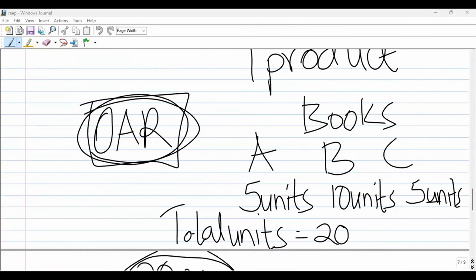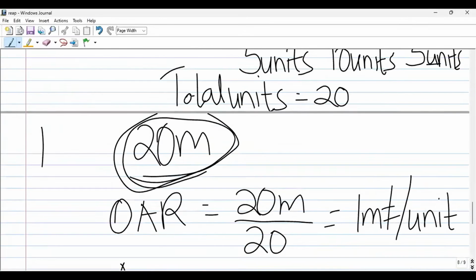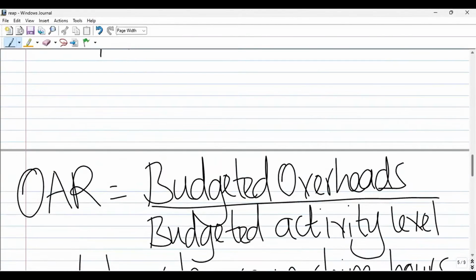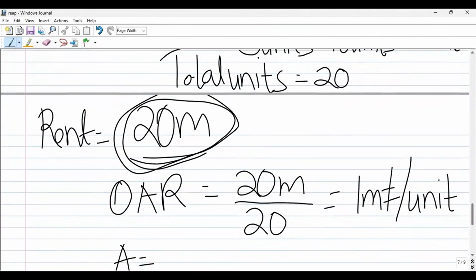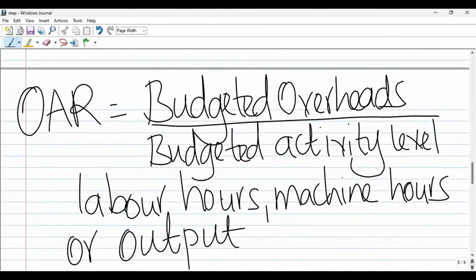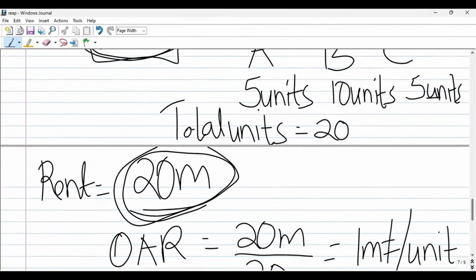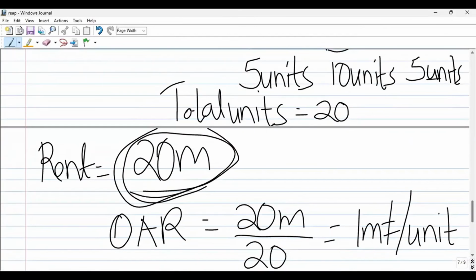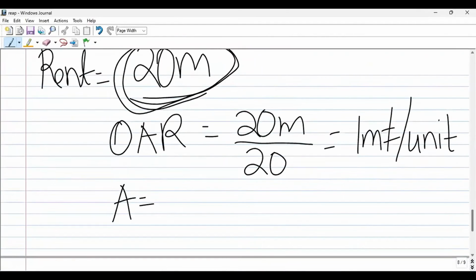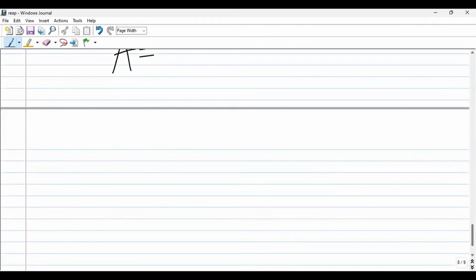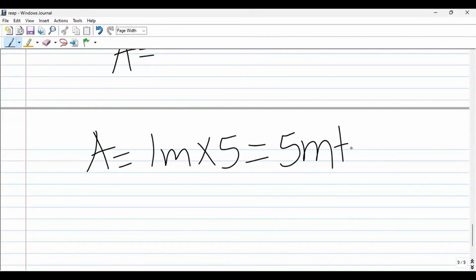So I want to see how to apportion this 20 million shillings, maybe the rent incurred during the period. The formula is budgeted overheads of 20 million divided by the budgeted activity level. In this case the activity level is units, so we divide by the total units, 20, to give us 1 million shillings. Product A is 1 million times 5, which gives 5 million shillings.